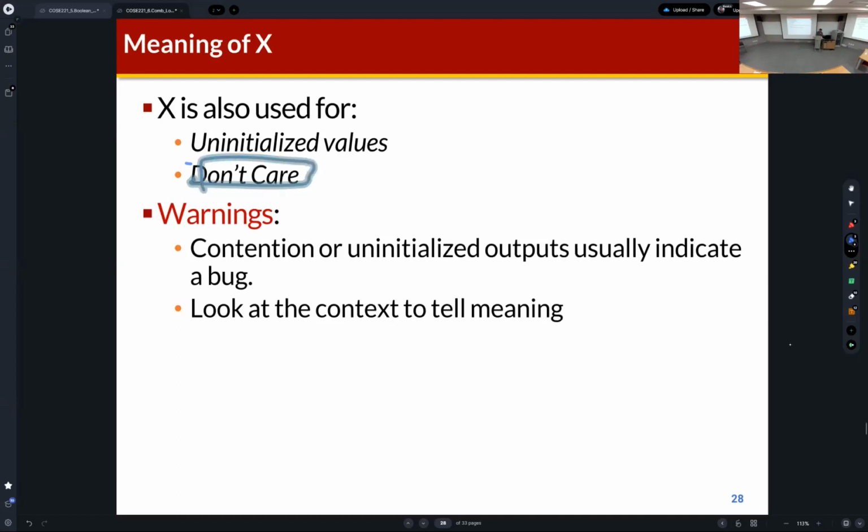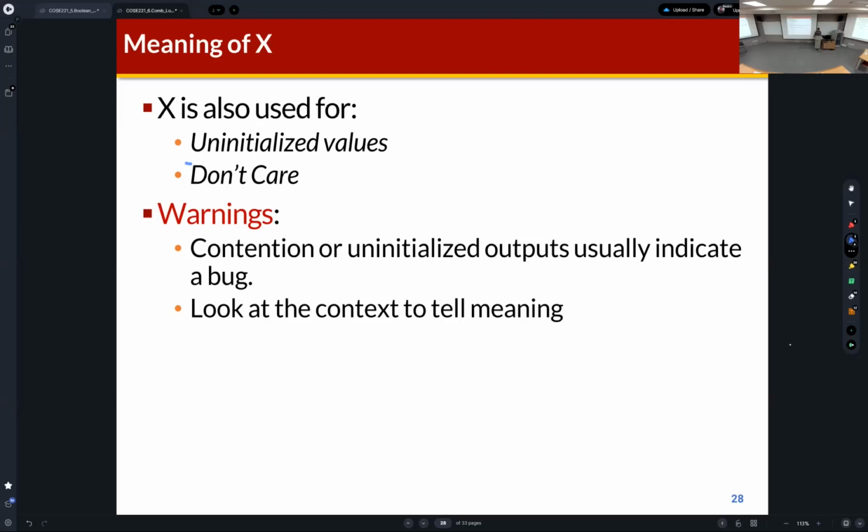Do not be confused, but we need to understand the meaning of X based on the context. If we observe X in the truth table, it represents don't care. But if we observe X in the circuit, X means contention, which means an illegal voltage level, and the wire is driven by multiple drivers.